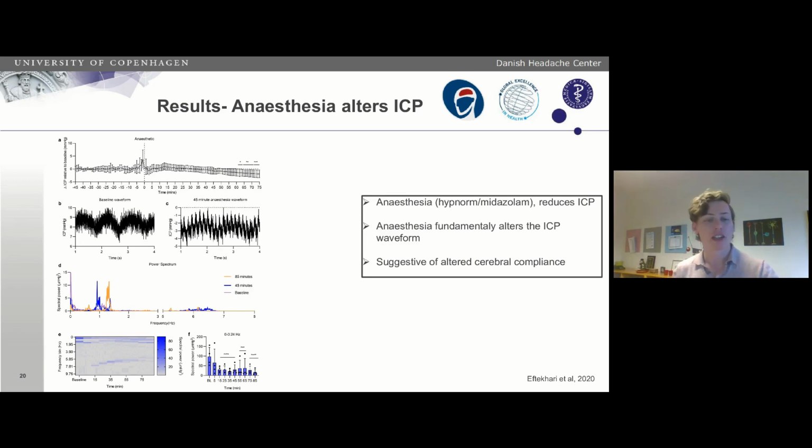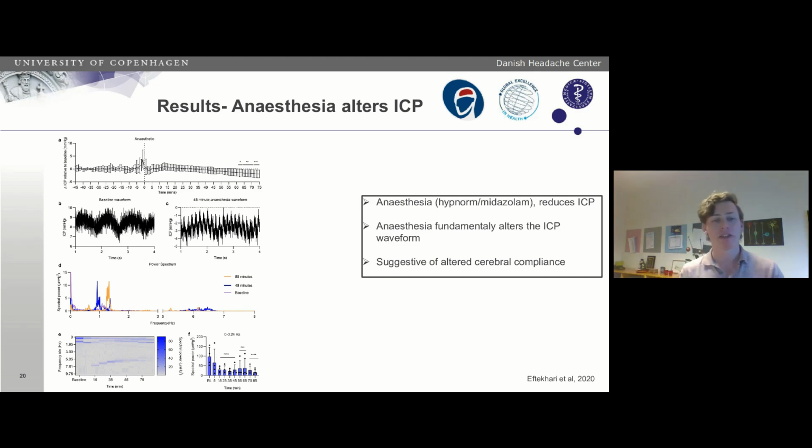If you look at B and C, B is the baseline waveform, i.e. when the rodents are behaving normally, whereas C is 45 minutes after anesthesia.